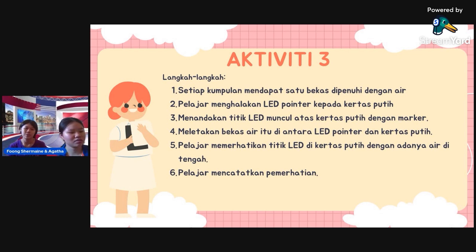Okay, so for the third activity, there are 6 steps that a student needs to do. First, every group has to have the materials needed, which are a container, an LED, and a paper. So the student has to point the LED pointer towards the paper, and make a mark. For example, the student can use an X to mark the point that the LED shows on the paper.